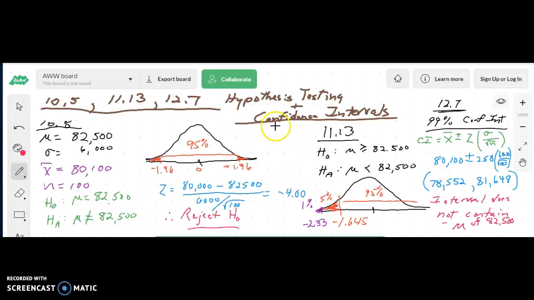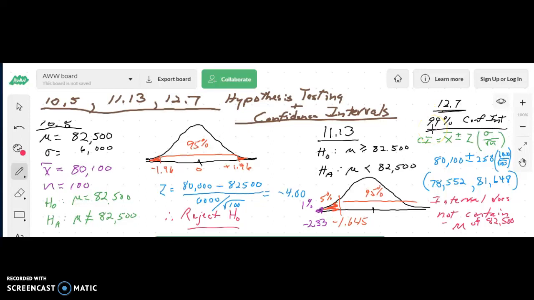And that leads to 12.7. 12.7 is in the chapter focusing on confidence intervals. And this was not one of the items in the textbook for our assignment, but I'd like you to take a look at 12.7. It basically is saying, take a look at the same information that we have here from the previous two problems, but instead of setting up a hypothesis test, we are instead constructing a 99% confidence interval for the mean salary for all females.